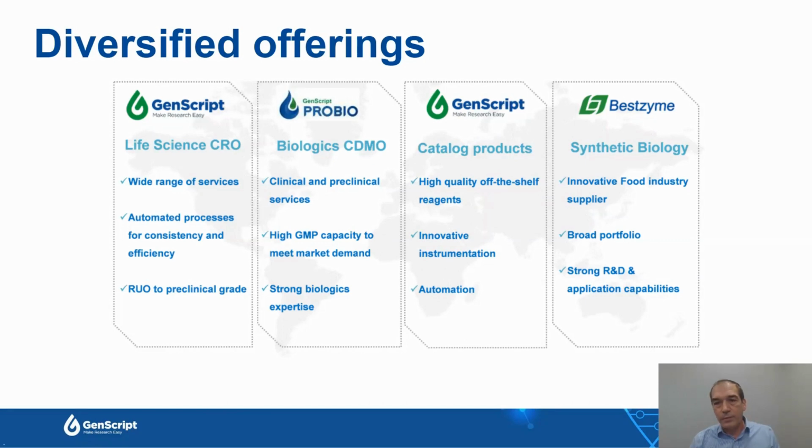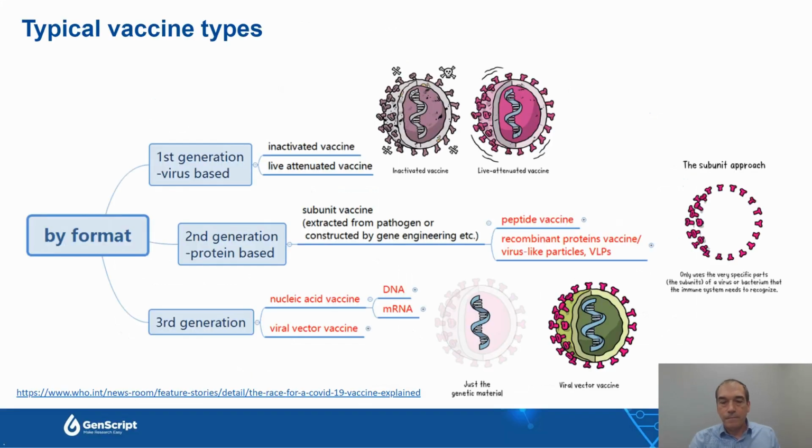They have very strong R&D and application capabilities. My team, we focus on several different market segments. We focus on vaccines, gene therapy, cell therapy, antibody therapeutics, and IVD. And we work all across all these business units to assemble portfolios that are best suited for these market segments.